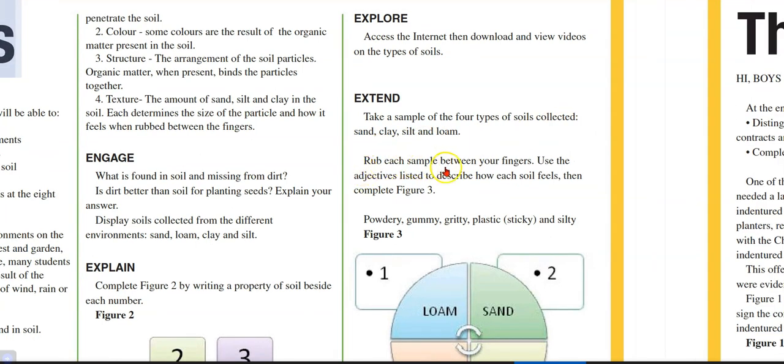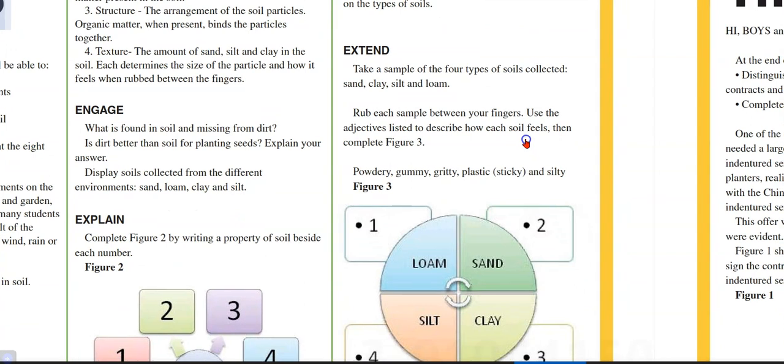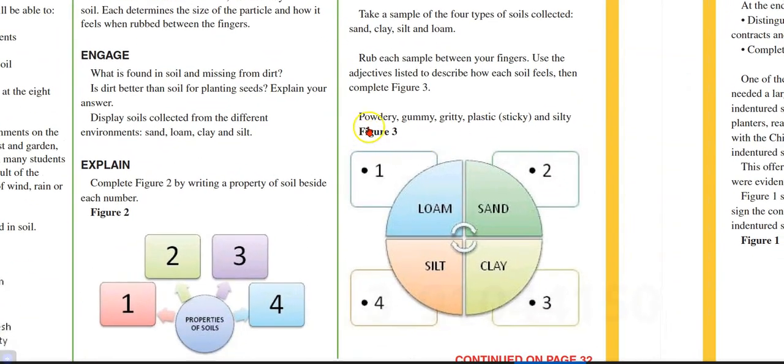Rub each sample between your fingers. Use the adjectives listed to describe how each soil feels. Then complete figure 3. Powdery, gummy, gritty, plastic or sticky, and silty. So here we go now.